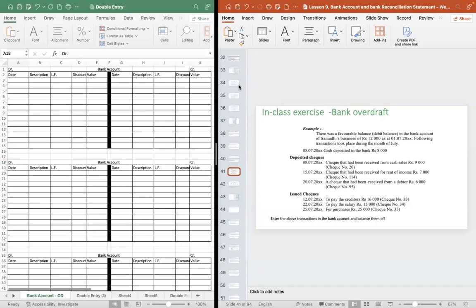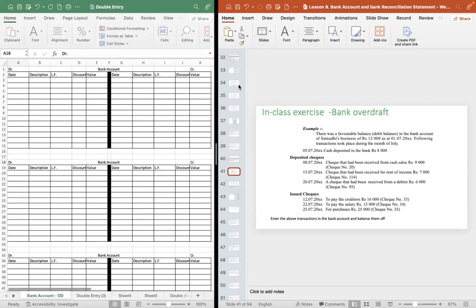Transactions took place during the month of July. July 5th, cash deposited in the bank 8,000. Then there are deposited checks. On 3 particular days, checks were received: from cash sales 9,000, check number 20; from rent income 7,000; from debtors 6,000.